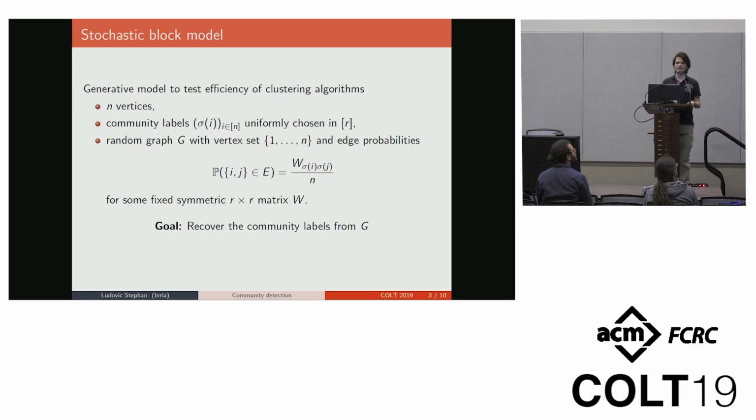So here we will study sparse block models. So the probability of an edge being present is some constant over n, where the constants are drawn from a fixed symmetric matrix W. And the goal is, observing the graph G with community labels masked, to recover these memberships as well as we can.